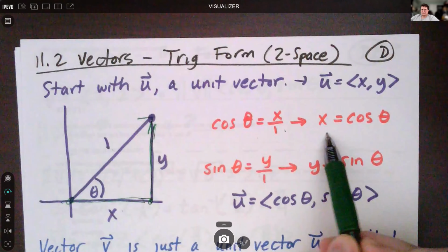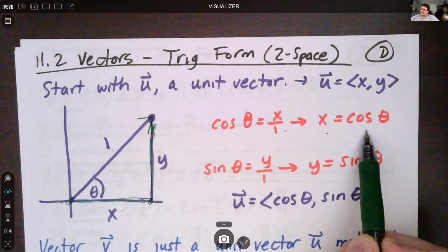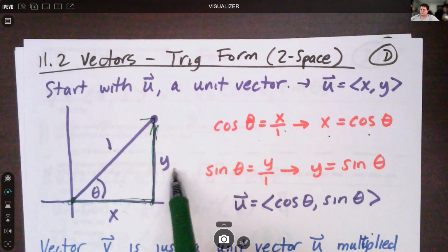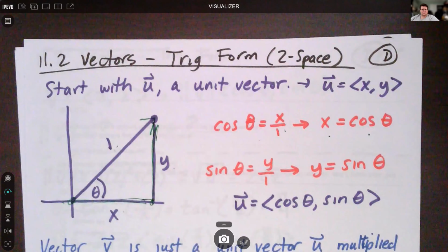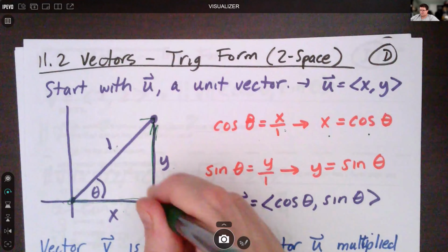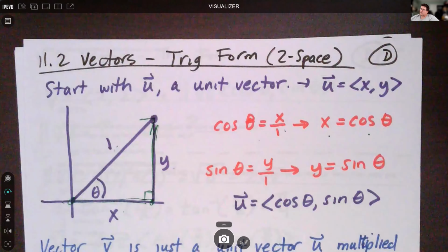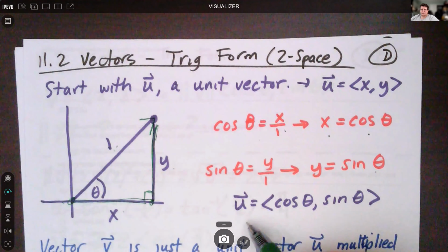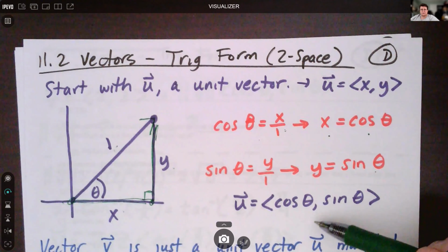So we can see that x equals cosine theta. Same thing with the sine. Sine is opposite over hypotenuse, y over 1 for a right triangle. And so we just get y equals sine theta. And thus, instead of writing u equals x, y, I could write u equals cosine theta, sine theta.